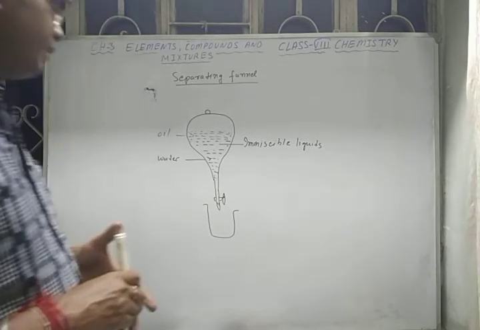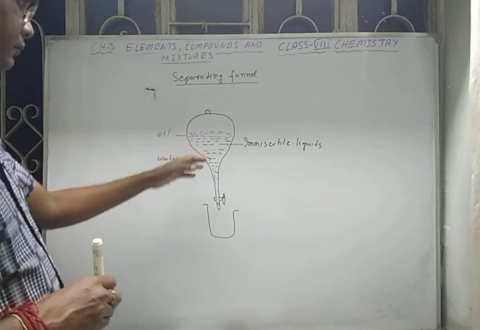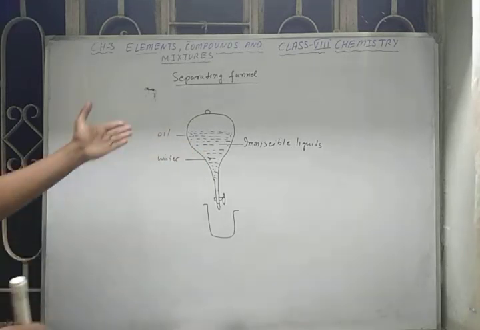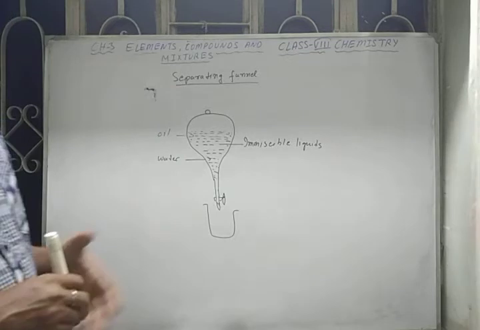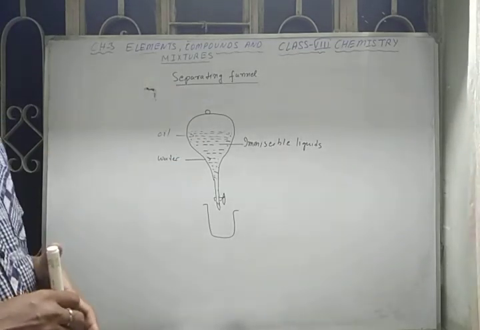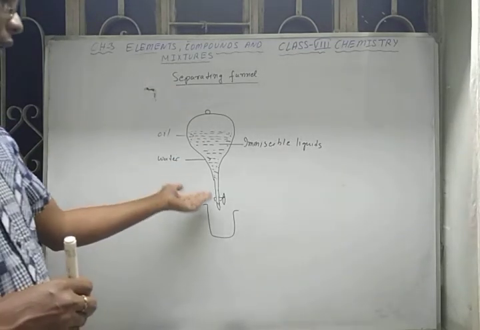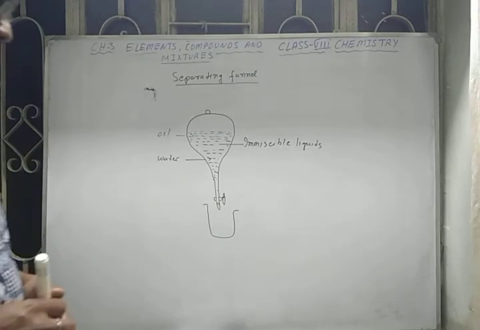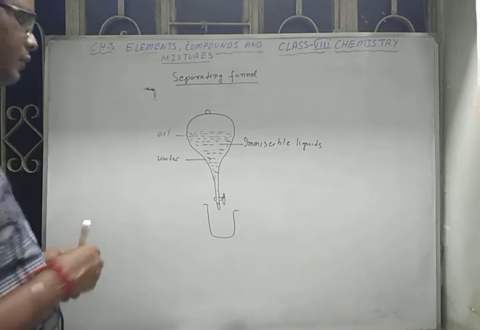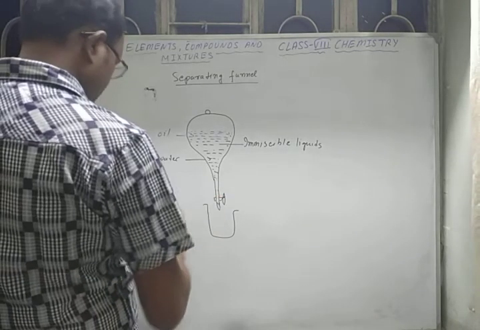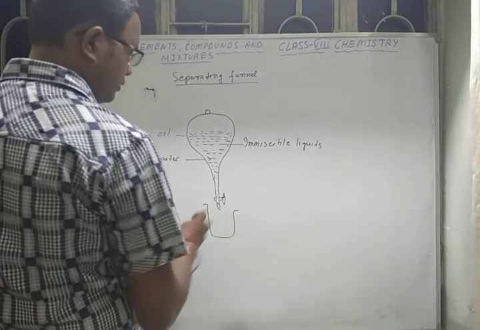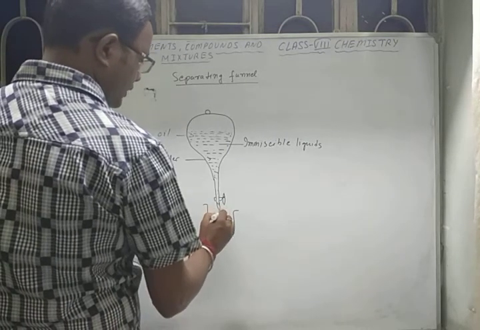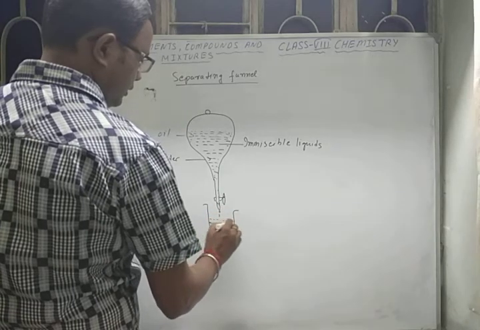Because they are immiscible liquids, kerosene oil has less density than water, so it will float over the water. Now we use the stopcock here. When you open the stopcock, the water will fall slowly, dropwise, and get collected in the beaker.